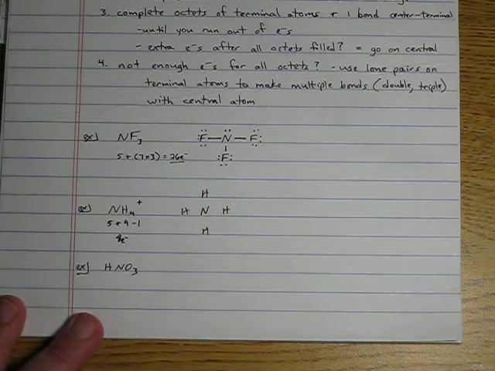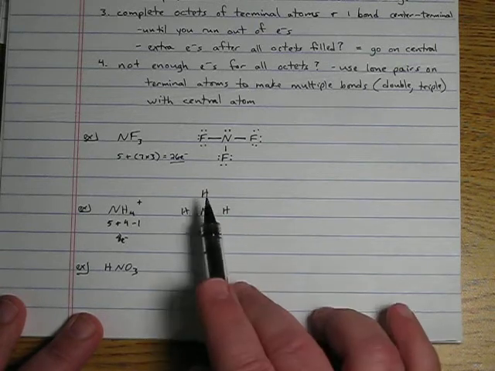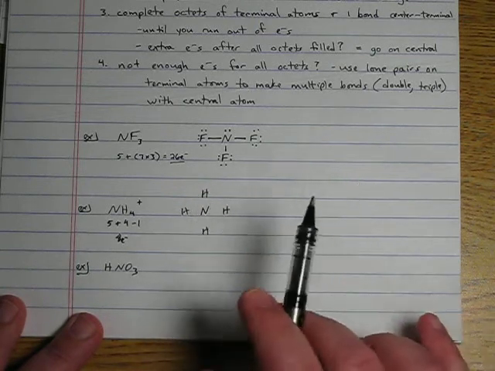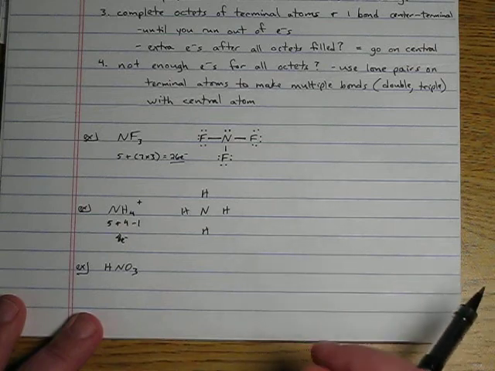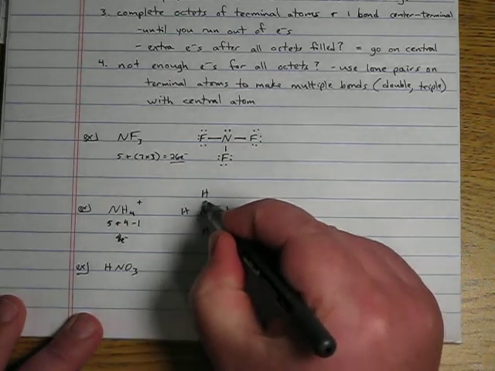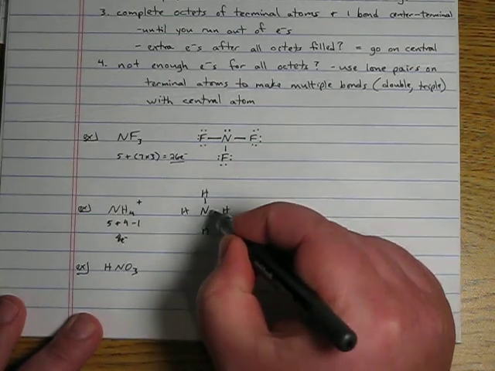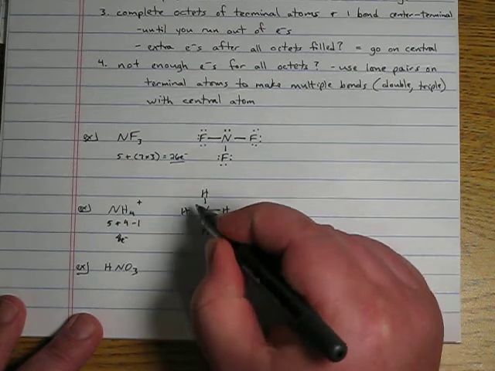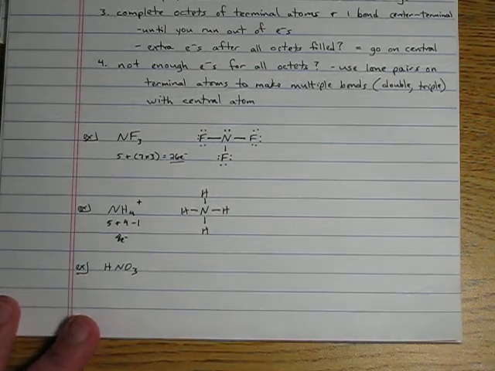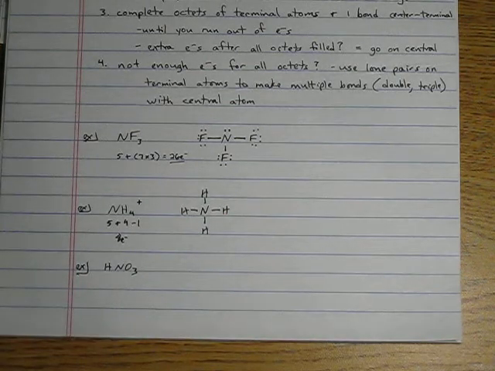All right. So I have to put 8 electrons in there. Note, hydrogen, we don't put 8 electrons around a hydrogen. Hydrogen only wants 2 electrons around it. So, okay, 1, 2, that's done. 3, 4, 5, 6, 7, 8. There we go. There's our 8 valence electrons. Cool.